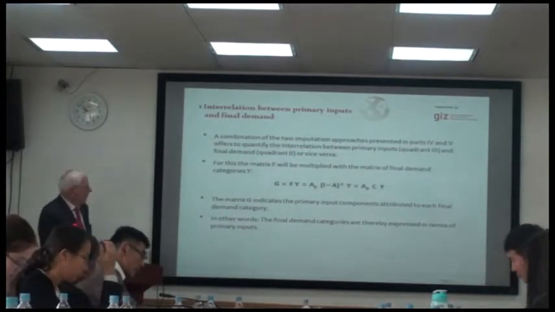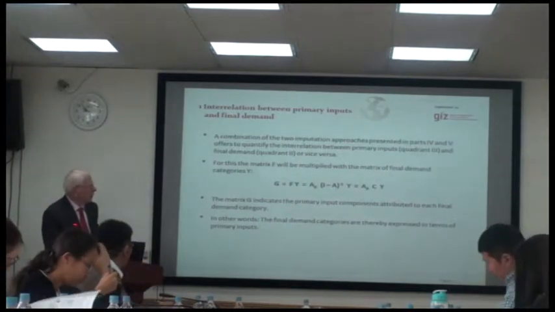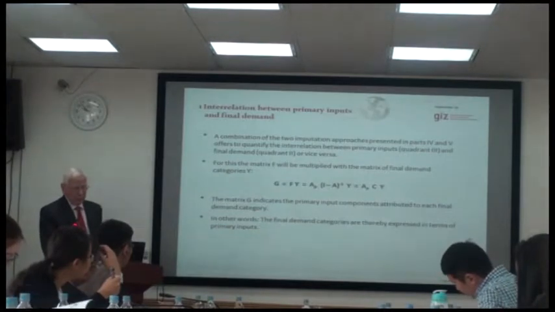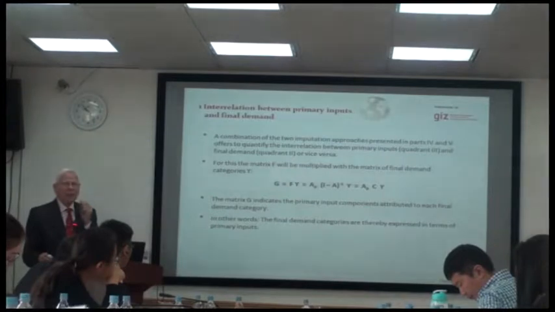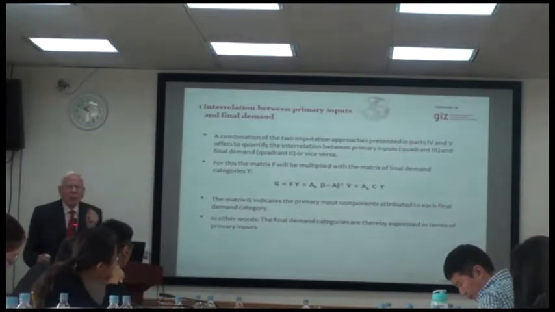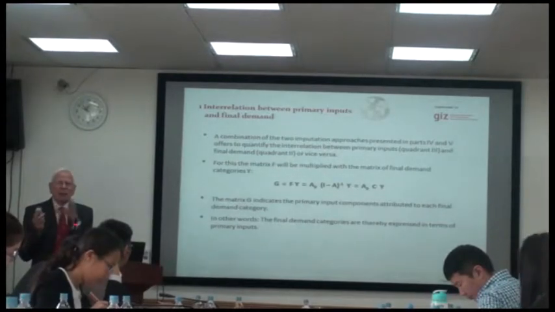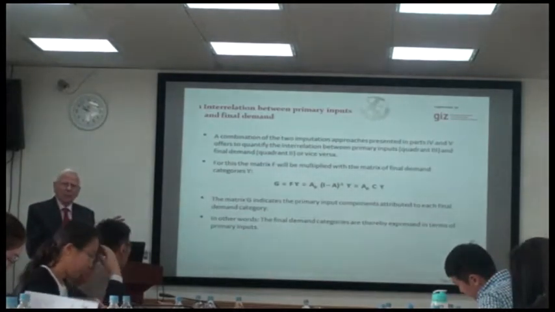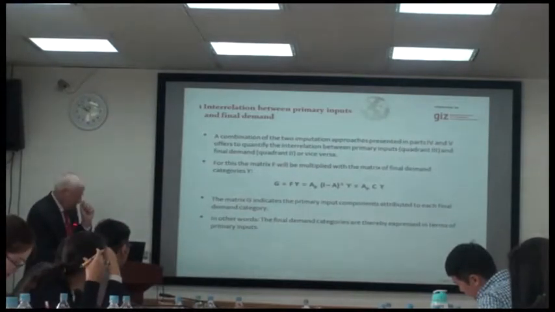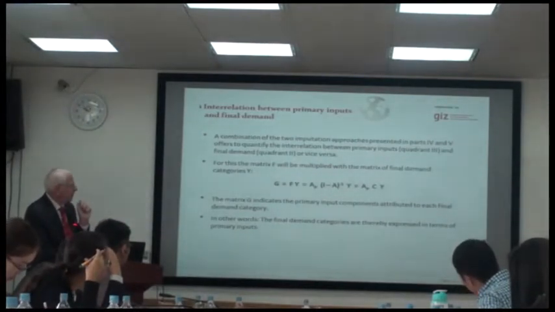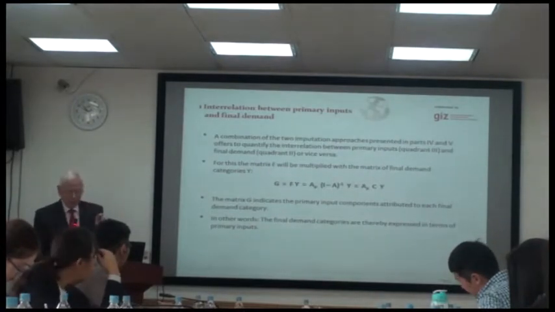The matrix G indicates a primary input component attributed to each final demand category. We will now show the link which is available in national accounts, the link between the expenditure side and the income side on the production. In other words, the final demand categories are thereby expressed in terms of primary inputs.